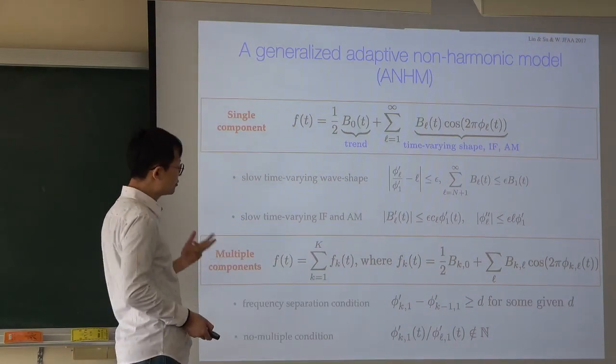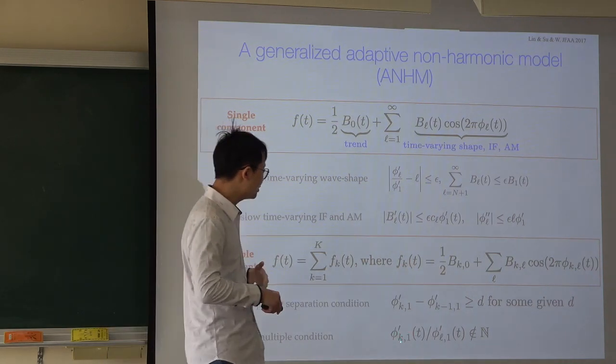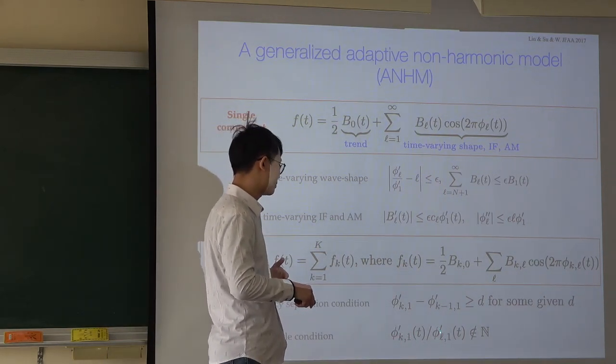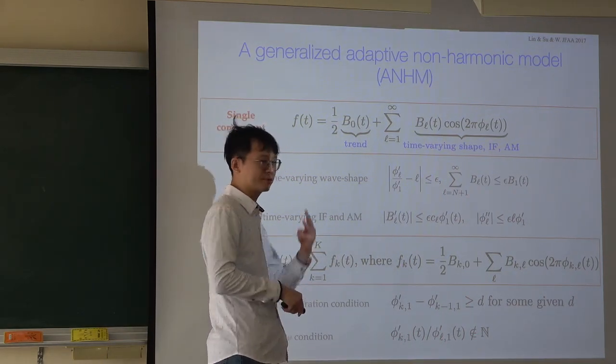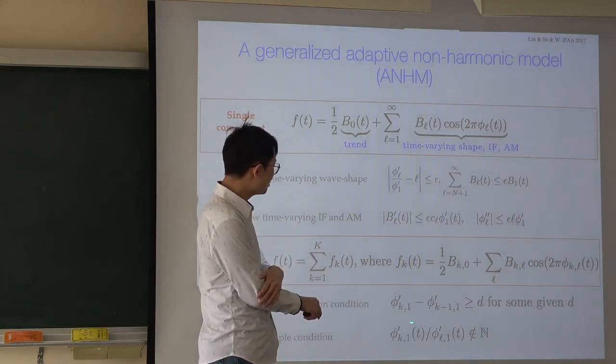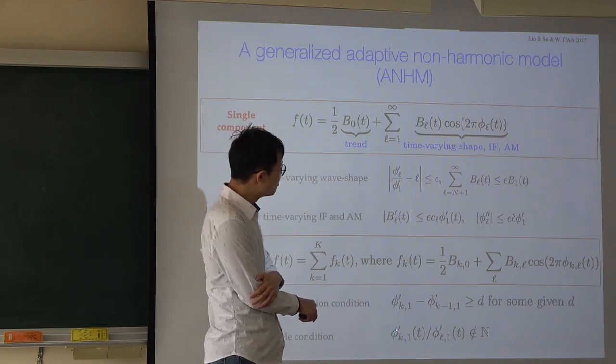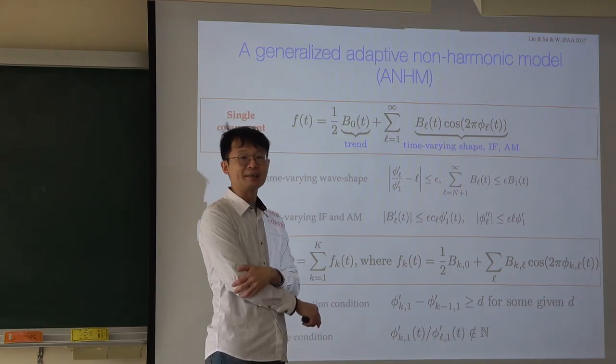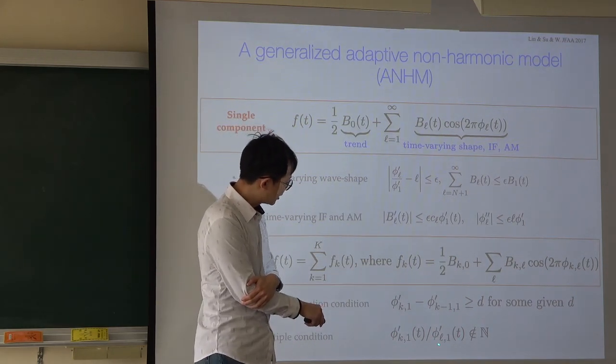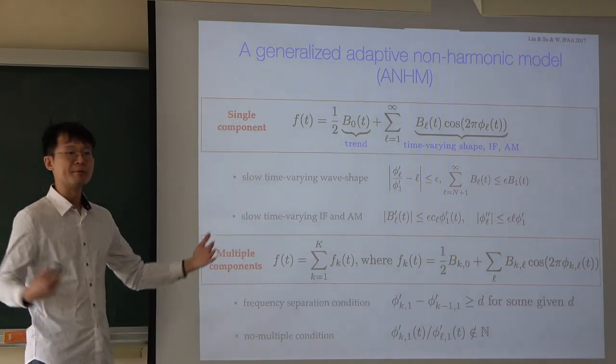Why? Because if you have, for example, phi 2 1 prime and phi 1 1 prime, and this ratio is 3, then the harmonics of the second component will be merged or cannot be identified from the first component. They will be merged together.